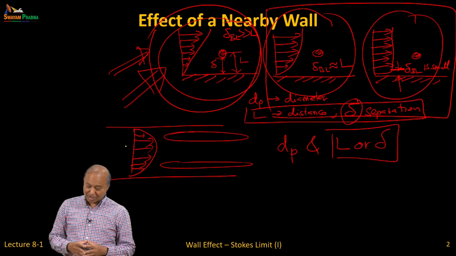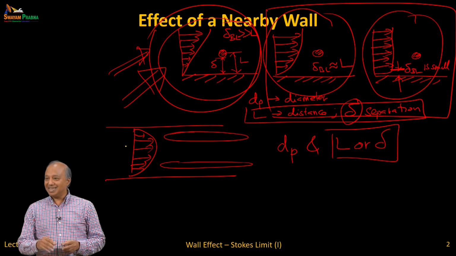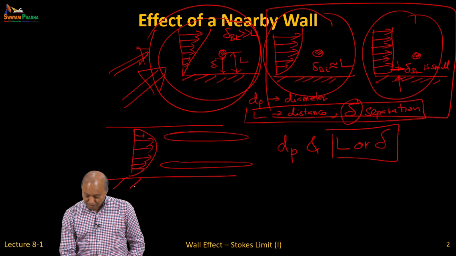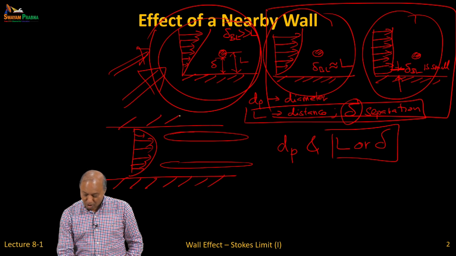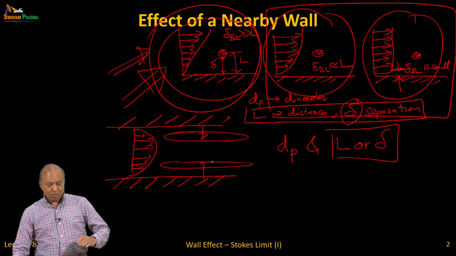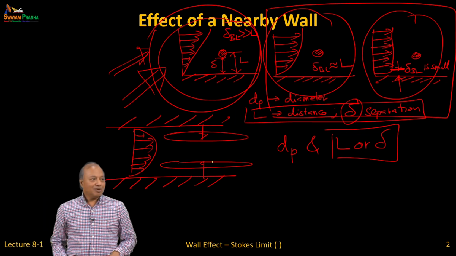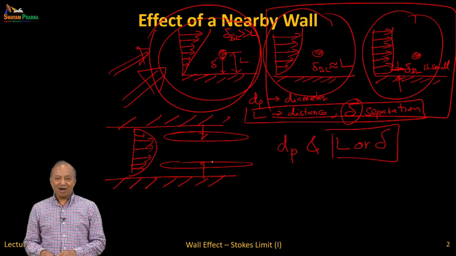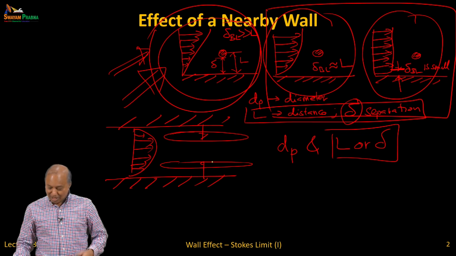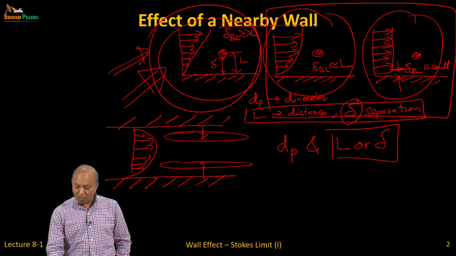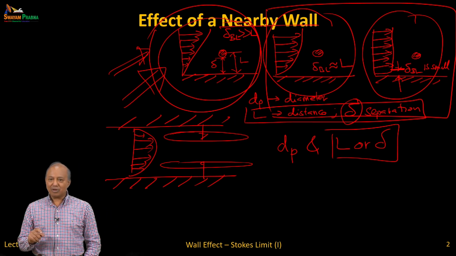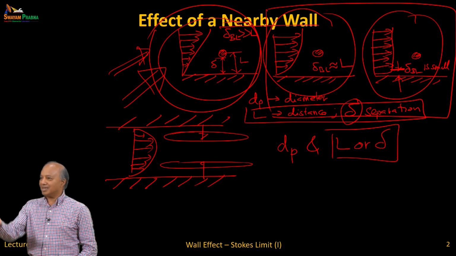Under the right conditions, all the particles accumulated in some layer. That's mainly because of something called a wall induced lift force, which pushes the particle. When it gets close to the wall, it gets pushed inwards. When it's close to the center line, it gets pushed outward. So they accumulate. There are lots of very interesting phenomena, and these are all because of particle wall interaction. In multiphase flow, especially for people dealing with microfluidics, this becomes a very important effect.